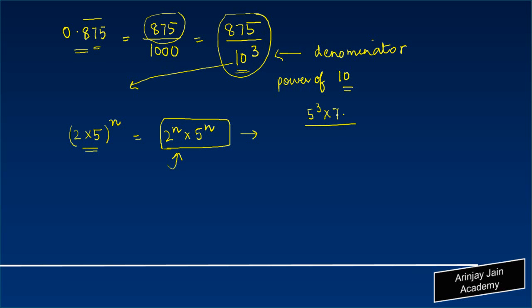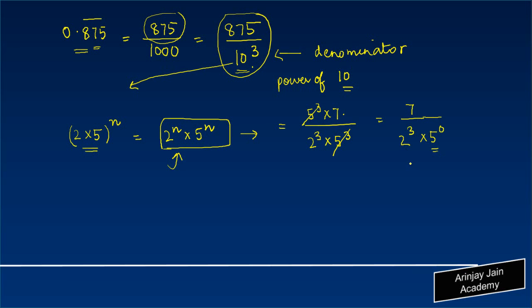And in the denominator, we have 10 to the power 3, so 2 to the power 3 times 5 to the power 3, right? When you cancel these two out, you get 7 upon 2 to the power 3. But since the denominator has to be expressed as a power of 2 and 5, I can just simply write this as 2 to the power 3 times 5 to the power 0, which is nothing but 1.